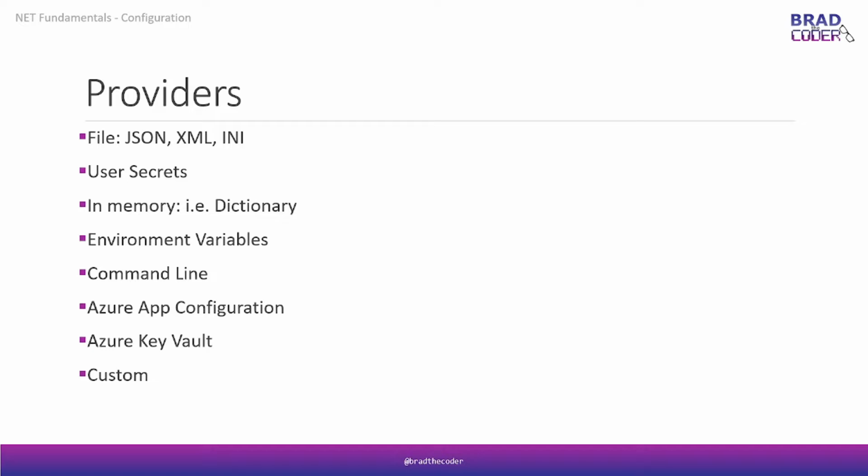Not only that, but even if you didn't want to use Key Vault directly, you can actually use Azure App Configuration and have it piggyback to Azure Key Vault. So I personally would rather start with app config and then Azure Key Vault behind it if we needed to. And then last but not least, if you do have other requirements, you can create your own configuration provider yourself. So that's very, very possible.